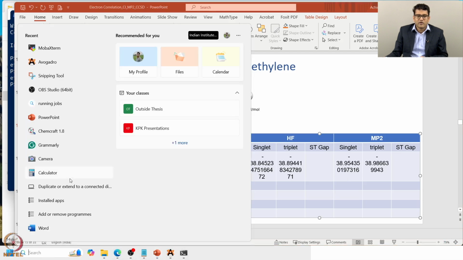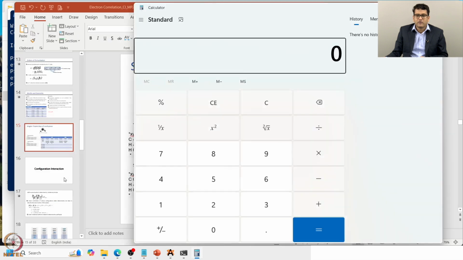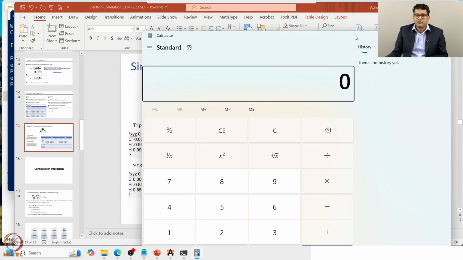Actually, Excel would have been a better option, but for the time being, let us use a calculator.